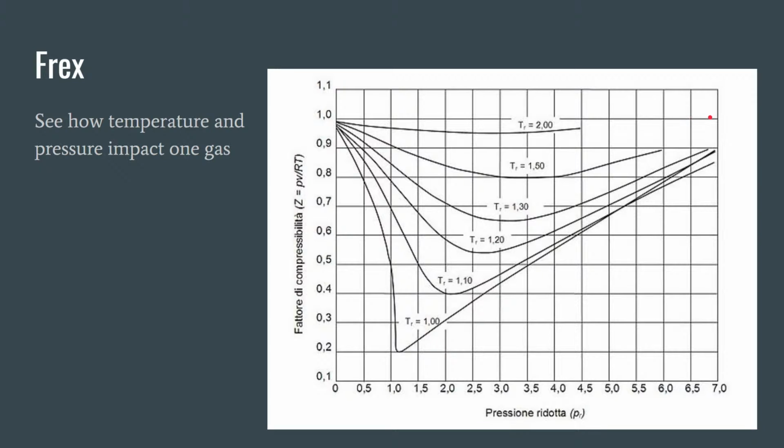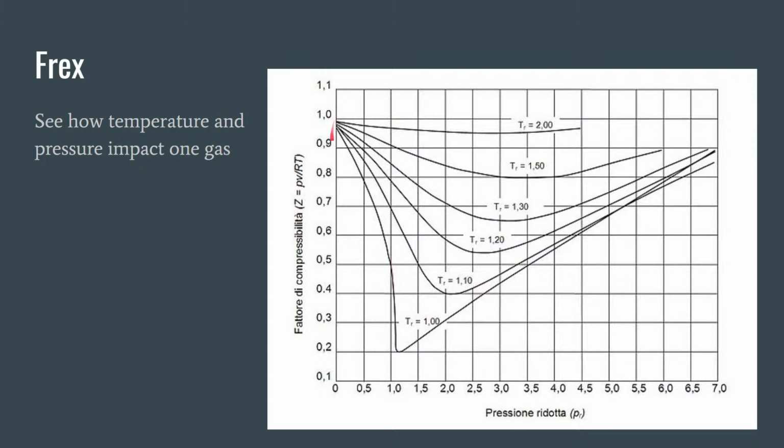But we can actually measure pressure, volume, and temperature for any given gas, and we can see how this changes. Each of these lines for a particular gas represents the deviation, sometimes extreme, from the ideal behavior based on pressure.